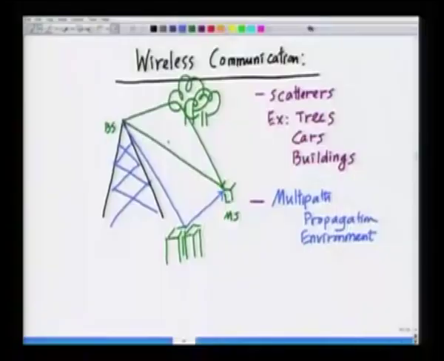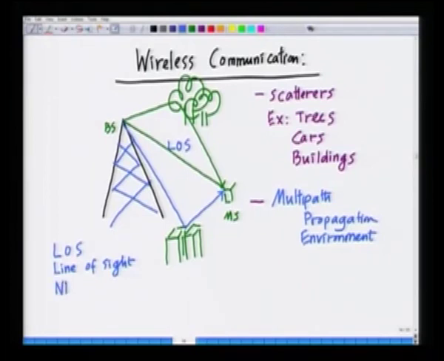The direct path is known as the LOS, or line of sight component, and the scatter paths, that is, the ones that are not the direct path, are known as the non line of sight or NLOS components.